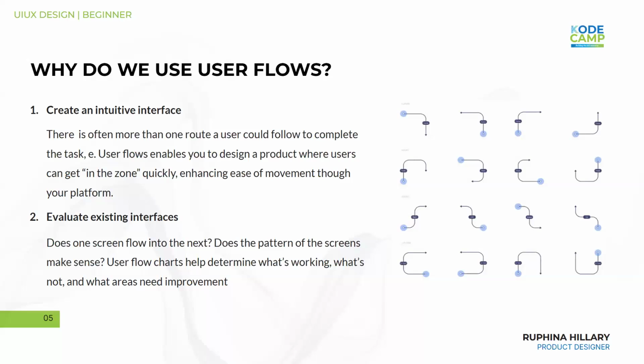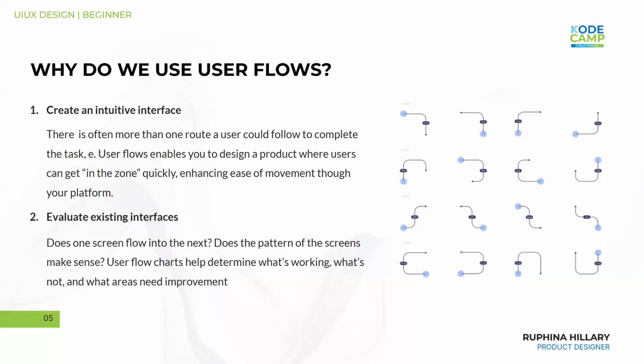User flows also enables us to evaluate existing interfaces. So in a situation whereby we are not the one creating the interface, or the interface has already been created, now we want to evaluate how easy this application is to use. We can also evaluate the existing interfaces using user flows by asking ourselves, does one screen flow into the next?